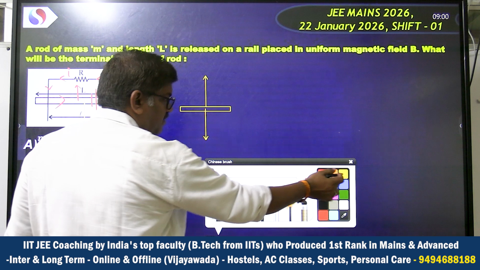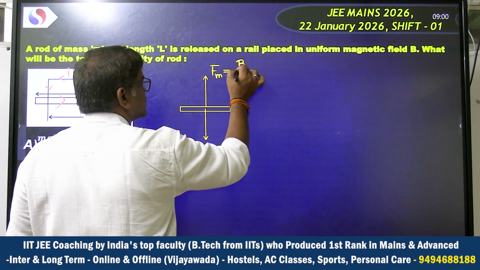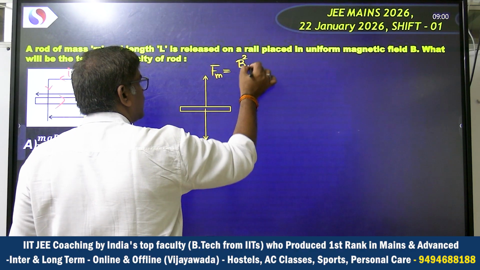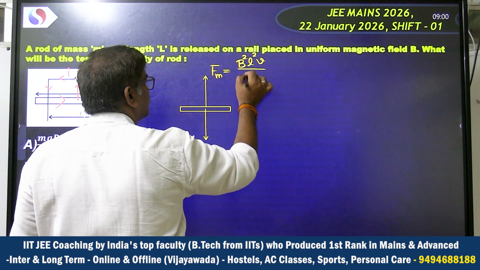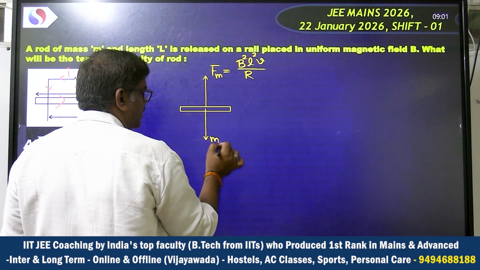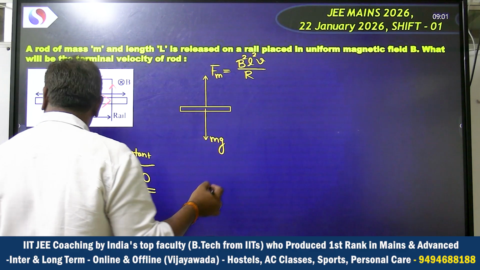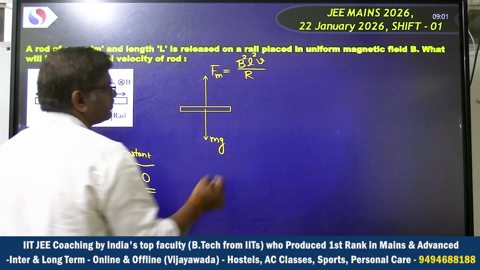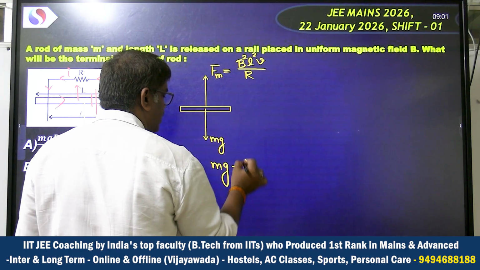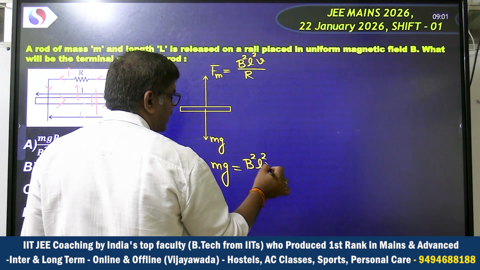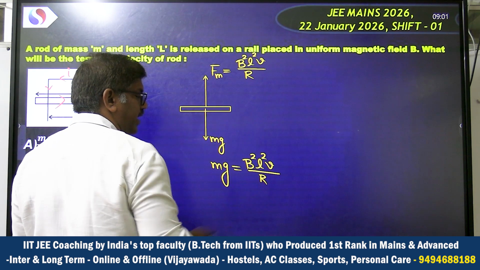If you remember the direct expression of this magnetic force, it comes as B square L square V by R, and this will be balanced by mg. Now make the net force equal to 0. So mg is equal to B square L square V divided by R. BLV by R is I, and BIL gives you this.